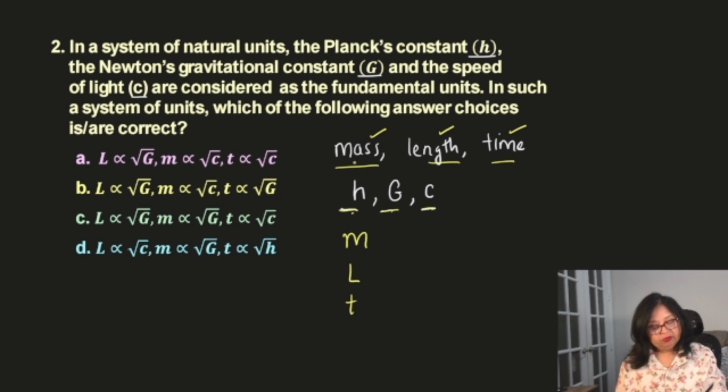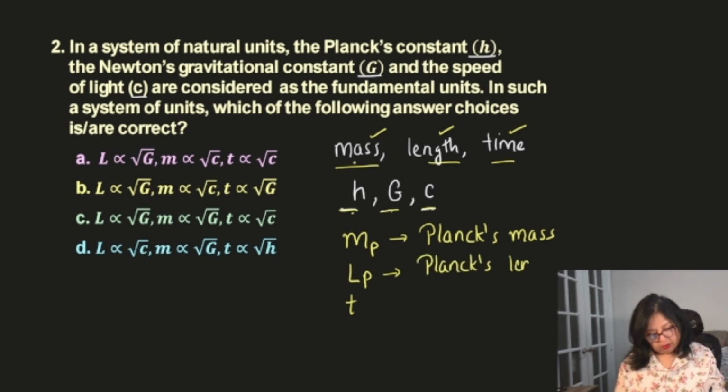And when we write mass, length, and time in terms of Planck's constant h, gravitational constant G, and c, we call that mass M sub p, which is Planck's mass. And this length is L sub p, Planck's length. And T sub p is Planck's time.